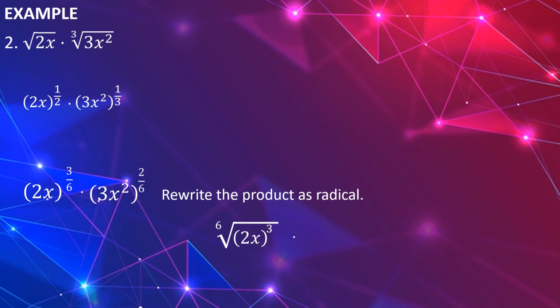Times, we place again our radical sign. 3x squared will become our radicand, 2 will become the exponent of our radicand, and 6 will become our index.